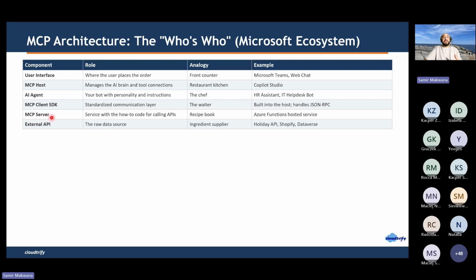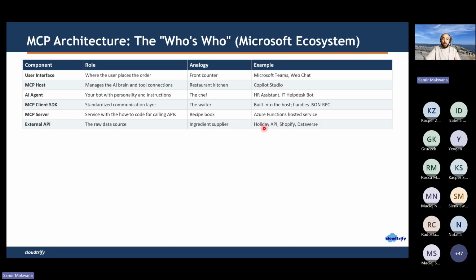And there is an MCP server which is built either on the MCP SDK, or you can also build it with different languages, but that will be a more advanced topic. But the MCP server has different tools, which are basically configured to call different external APIs.